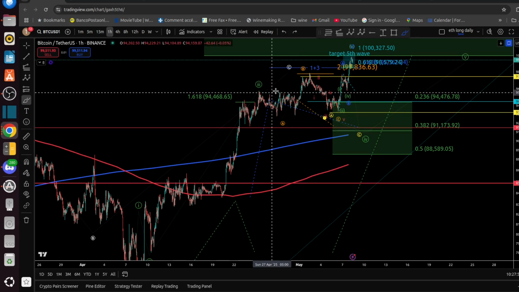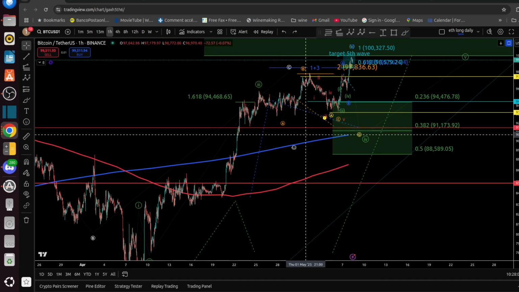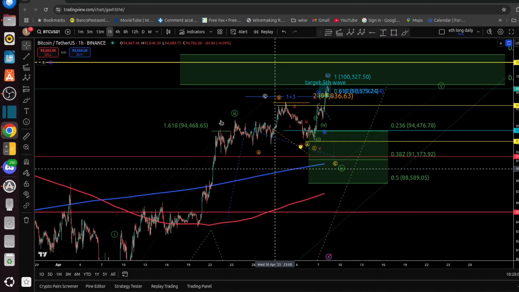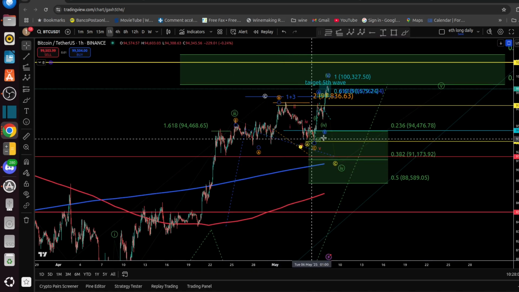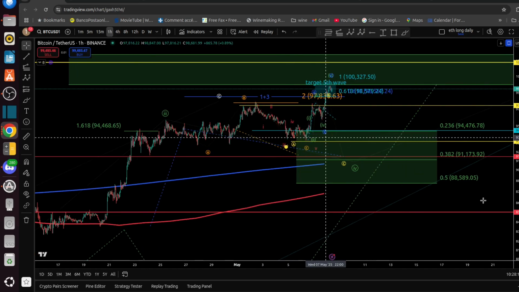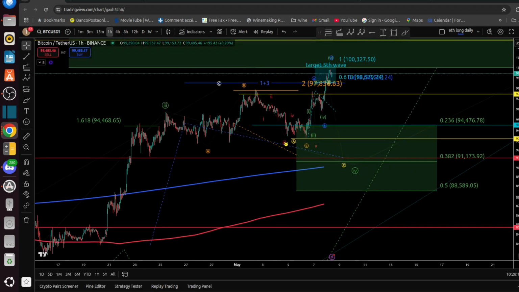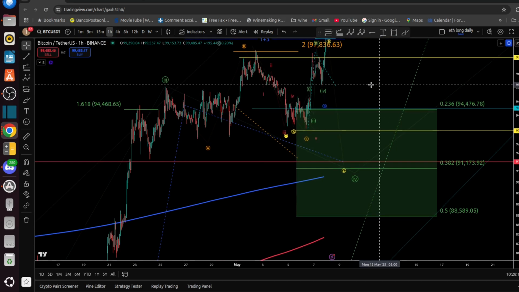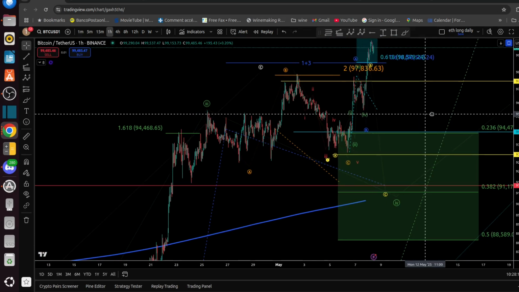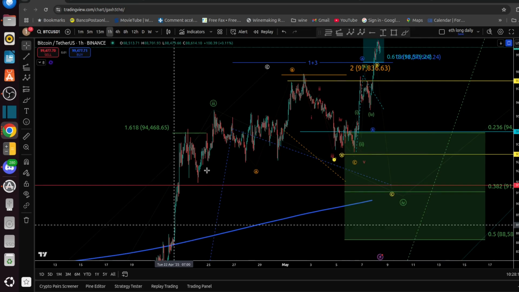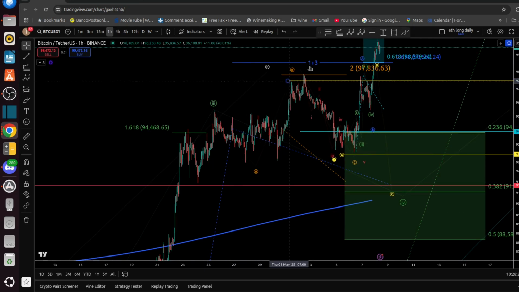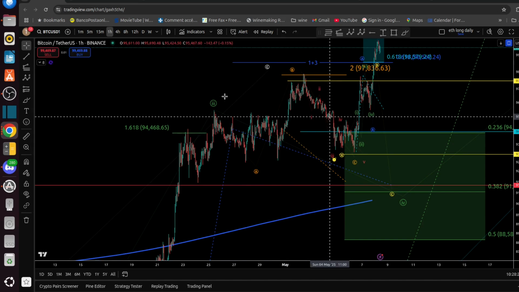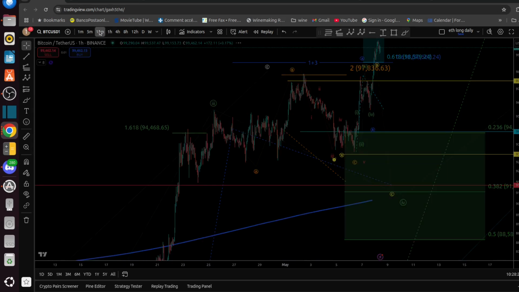Let me remove those things now. Okay, so we can do a deep dive here. If this is the A and this is the B, once again the C must have 5 waves. And you can see that the more we advance in the stage of the waves, the more I zoom in into the time frame.